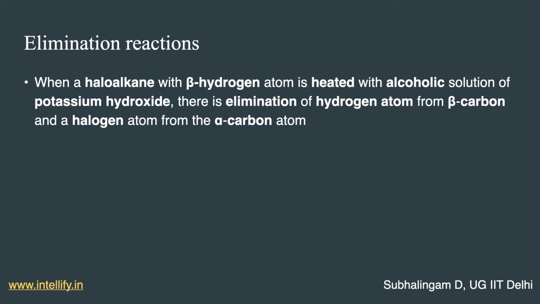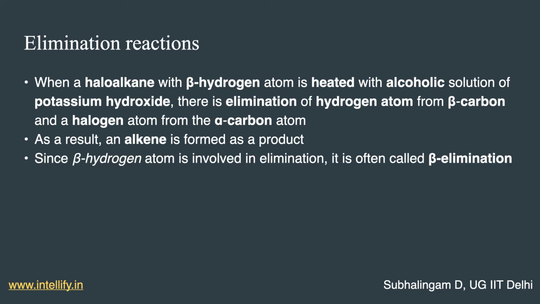In the nucleophilic substitution reaction, it was aqueous solution. Aqueous solution gives OH minus as the reagent, and in alcoholic solution we have RO minus as the ionic species. So as a result, an alkene is formed. Since beta hydrogen atom is involved in elimination, it is often called beta elimination.